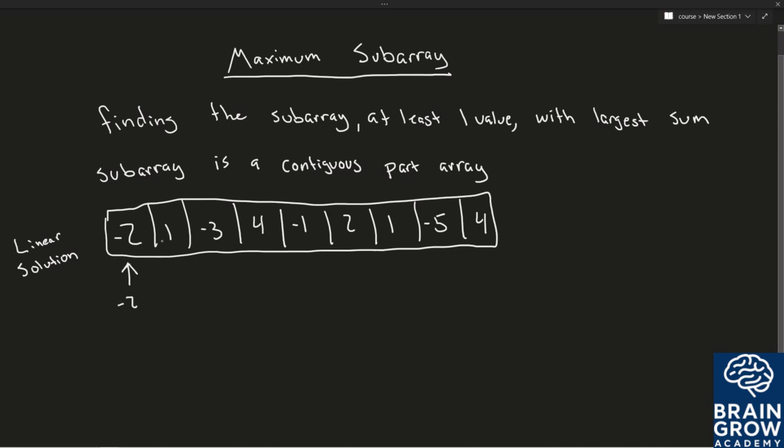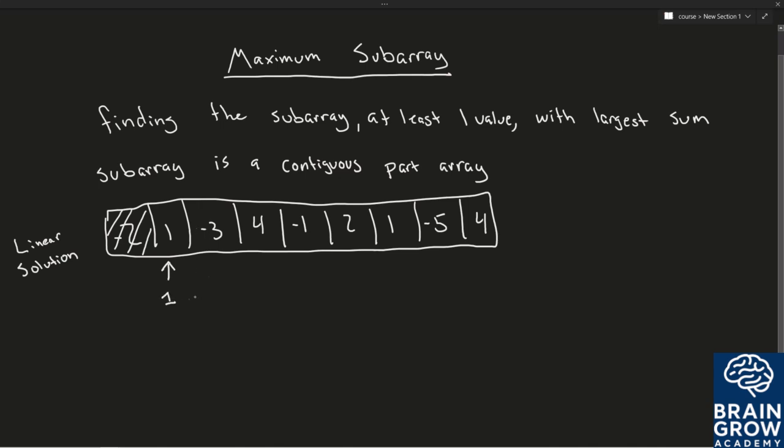If we added 1, well, we're still at -1, but 1 is obviously greater than -2, so there's no point in even worrying about that -2. So we'll just discard this value because it doesn't make sense to start there if 1 is already greater than that -2. So we'll move our index over to here, and now we're starting at 1.